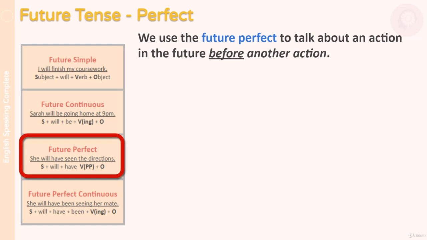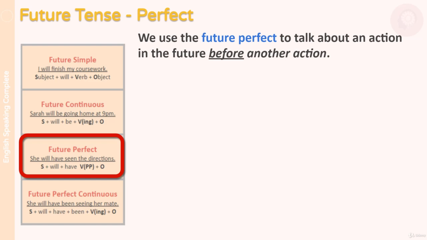Now, the second later action, we don't really hear about, but maybe it was discussed in the conversation. She will have seen the directions before getting lost. So we can maybe imply or suggest the second action.